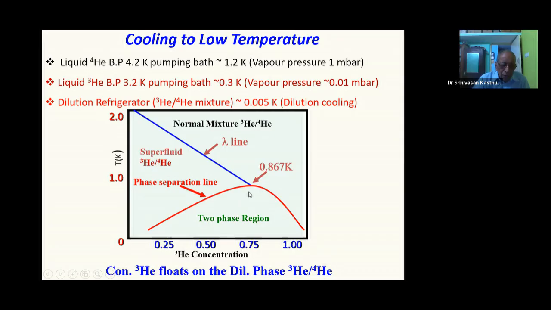That means if I reduce the helium-3 concentration in one of the phases in the mixture, you are able to see a decrease in the temperature. This is exactly what is made use of in the so-called helium dilution refrigerator system.